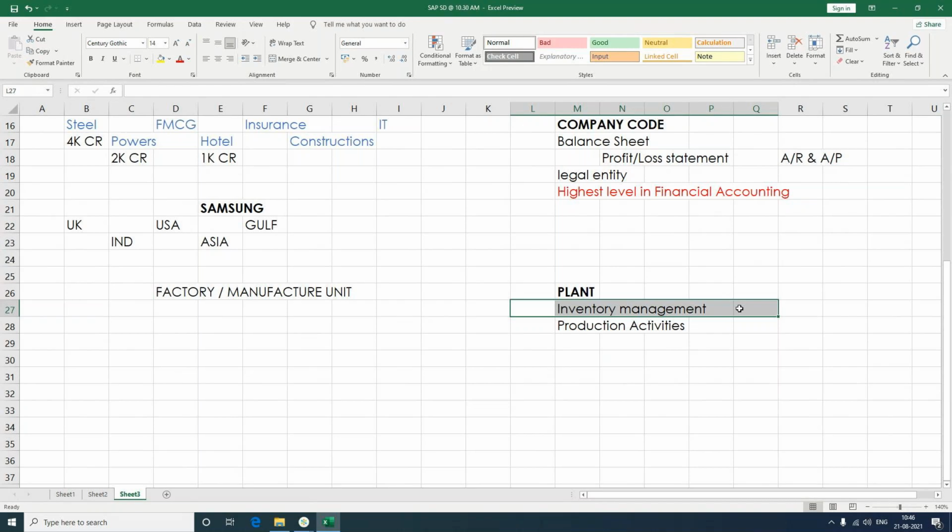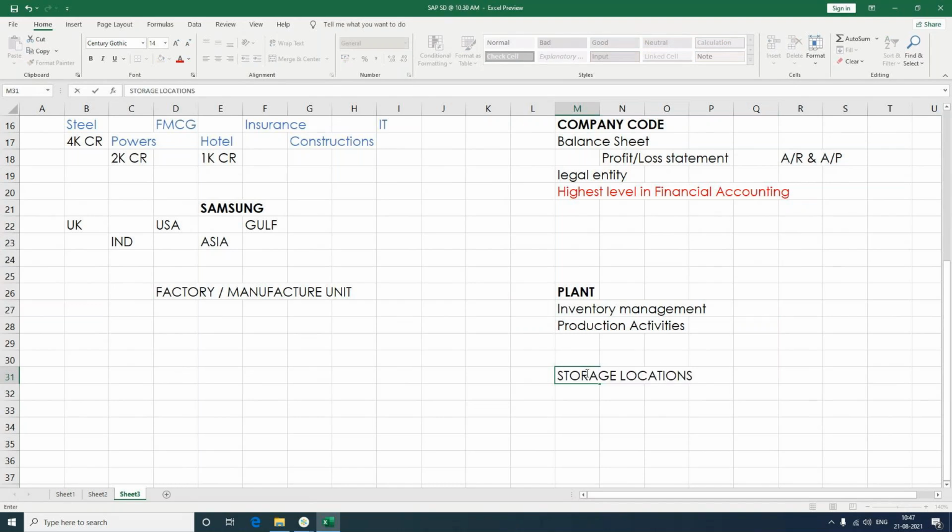So for that reason, inside the plant, we try to maintain storage locations. Technically speaking, the definition for this is subdivision of plant. We divide the plant into storage locations for storage purposes.